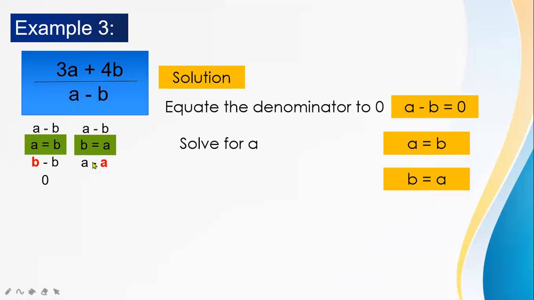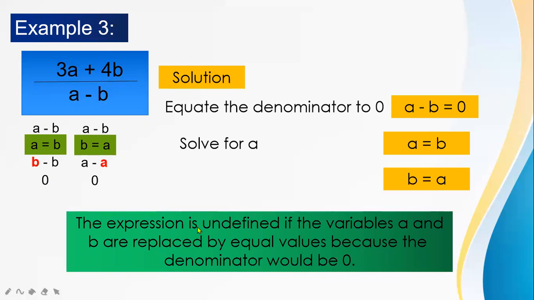A minus a, because your b equals a, so change b to a. The answer is 0. So a minus a, the answer is 0, and b minus b, the answer is 0. And therefore, the expression is undefined if the variables a and b are replaced.